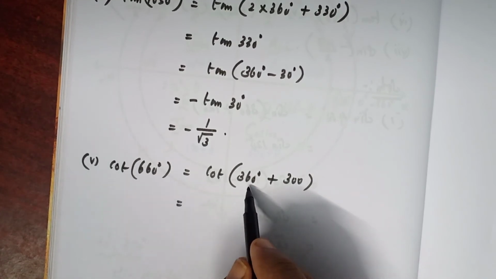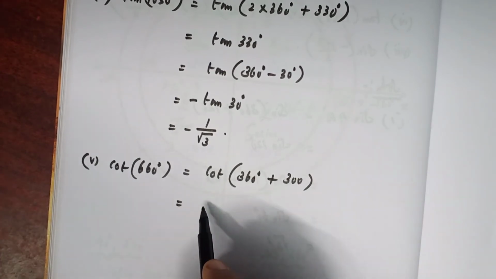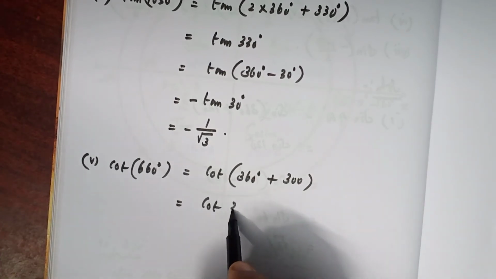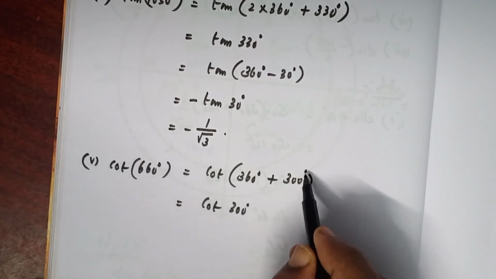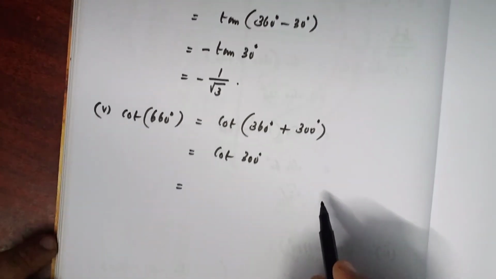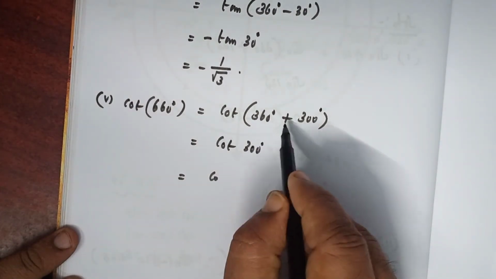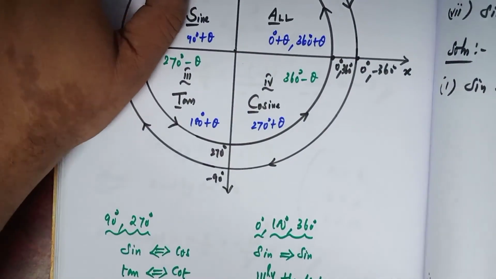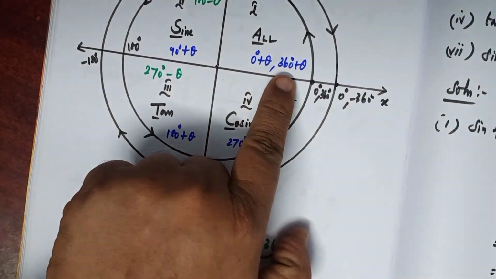For 360 degrees, looking at the first angle, cot becomes cot, no change at all. So cot of the angle 300 degrees here. After that, we don't know the value of 300, so how to separate 300? Before that, 360 plus lies in the first quadrant, where everything is positive only.